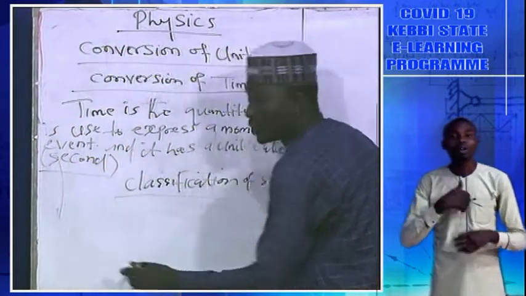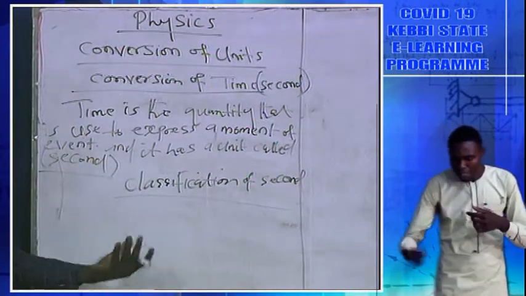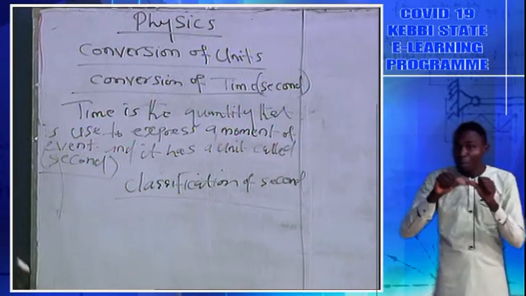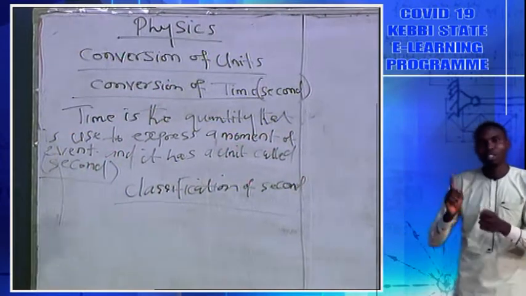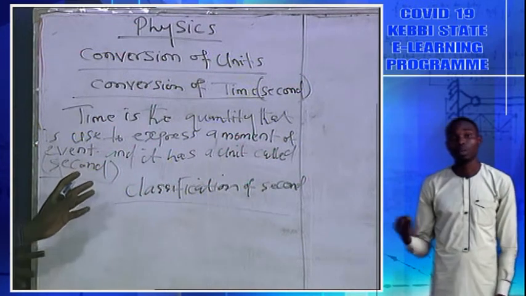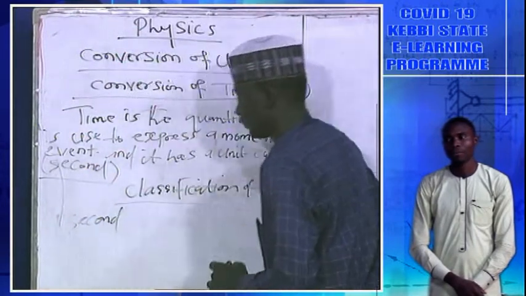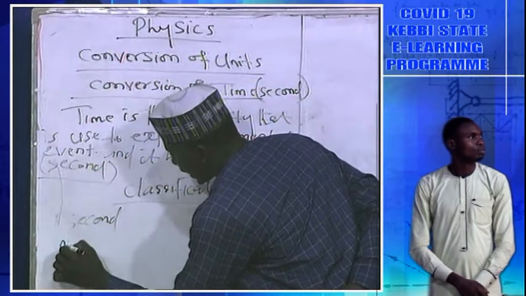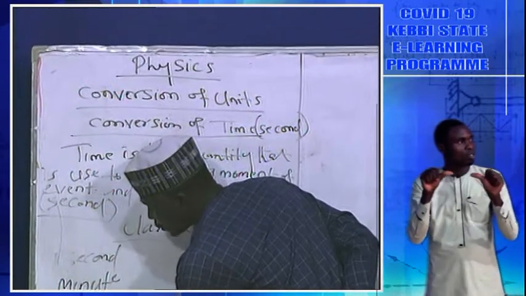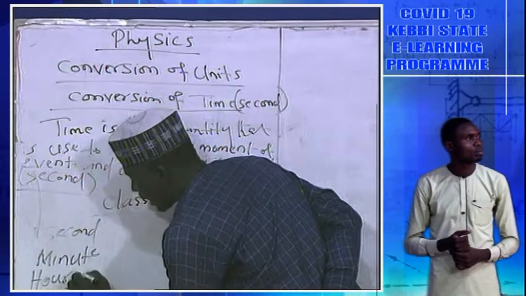Now, as I told you, we have many small fractions of a second, like nano and micro. Those are no longer used at this level because we cannot even express the nano of a second. We are going to start with the second. After second, we have minute. After minute, we have hour.